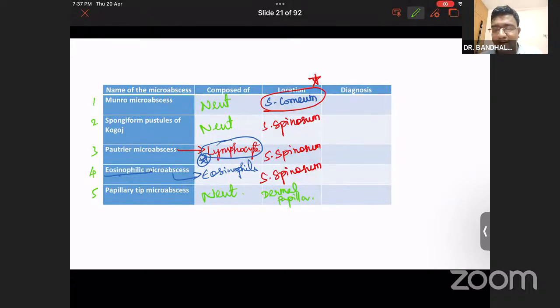Now we will come to the diagnosis. Munro and Kogoj both are seen in psoriasis. So the wrong pair is psoriasis, Pautrier microabscess. Pautrier microabscess is seen in cutaneous T-cell lymphoma or mycosis fungoides.